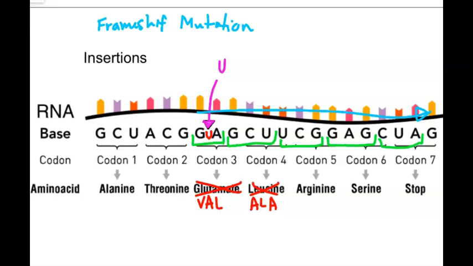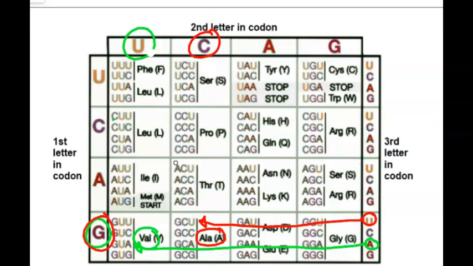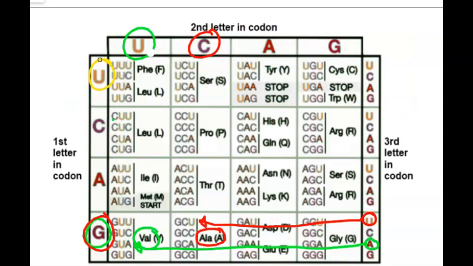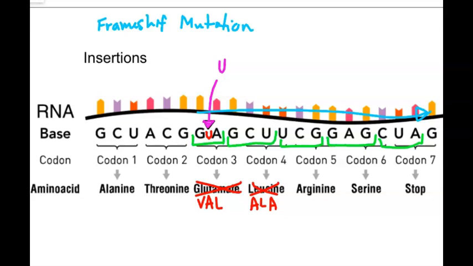So let's see, UCG. U, C, and then G. And we've got UCG is serine. So go over here. So arginine turns into serine.